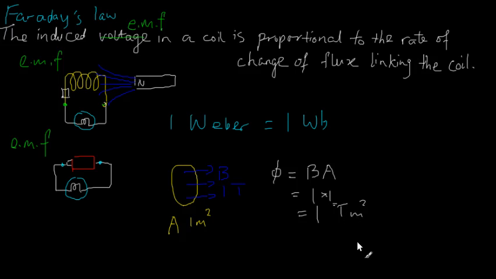And we call this 1 Weber. So the 1 Tesla meter squared is, in that sense, defined to be 1 Weber.